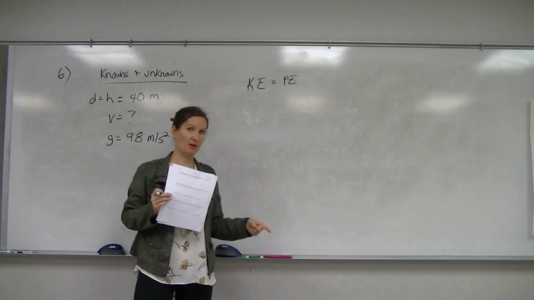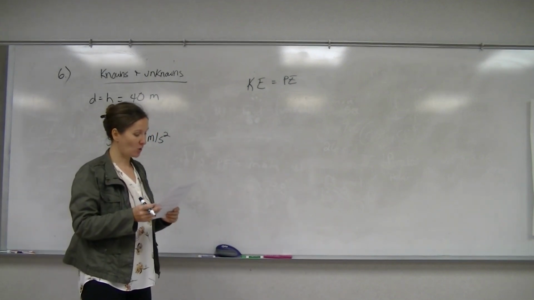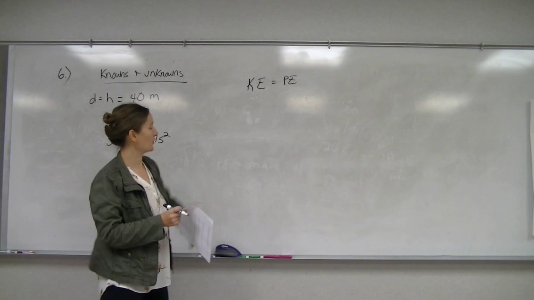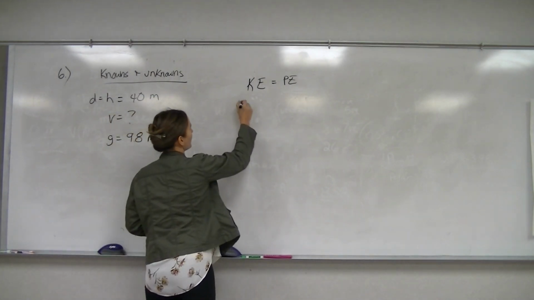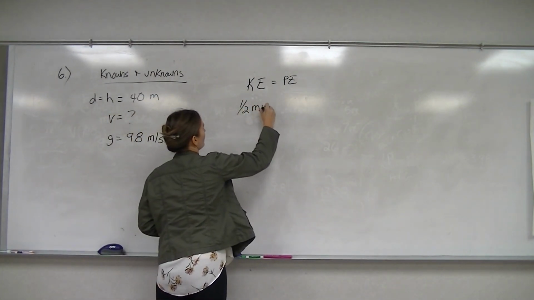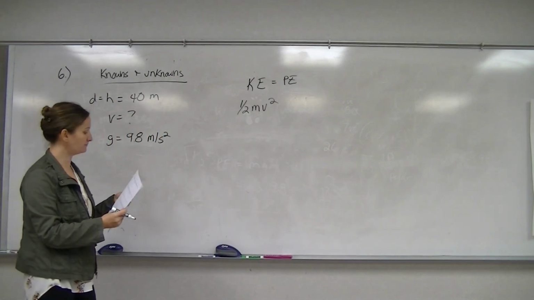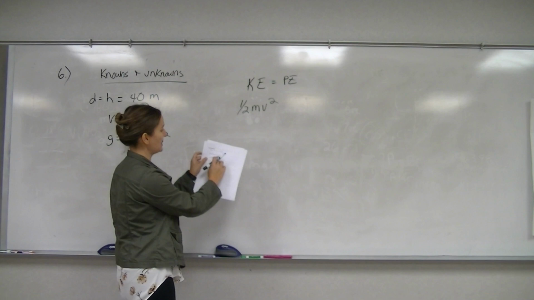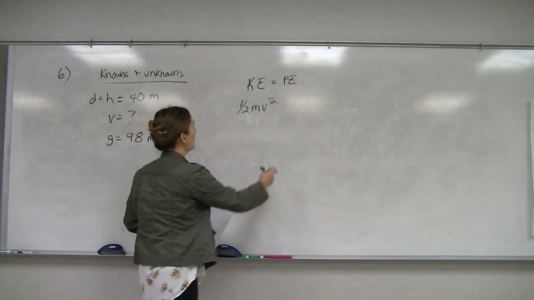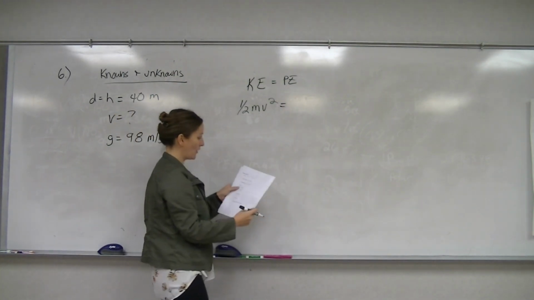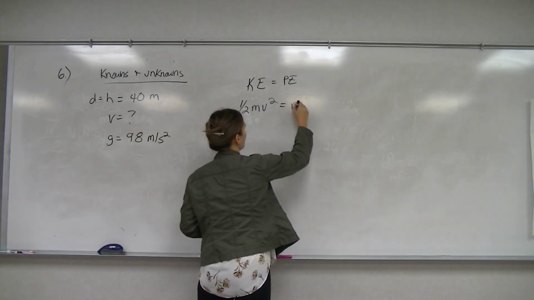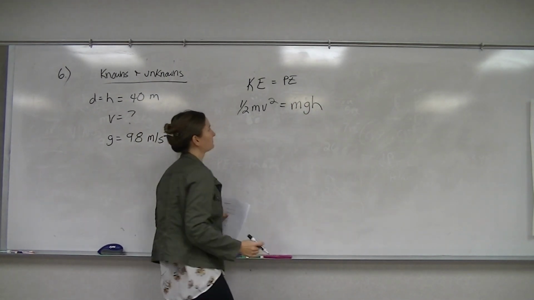They're equal to each other. So I'm going to write the equations. Kinetic energy is 1/2 mv squared. You can find that on your energy equations. KE is equal to 1/2 mv squared. And for potential energy, I'm going to write the potential energy equation, which is mgh.